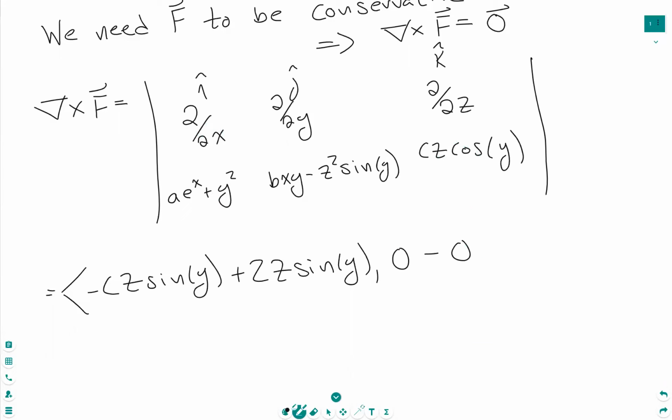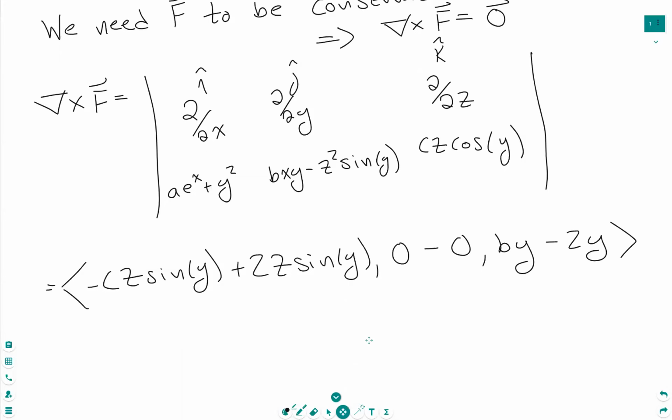So this is again 0. Then finally for the k component, we have partial x of this thing right here. That just gives us b times y. And then we're subtracting the y derivative of this right here. So we get 2 times y.